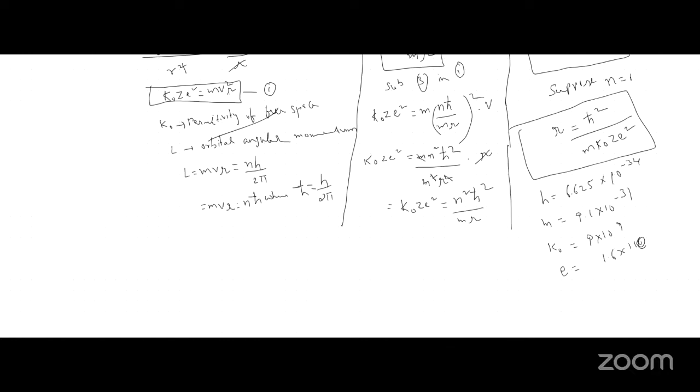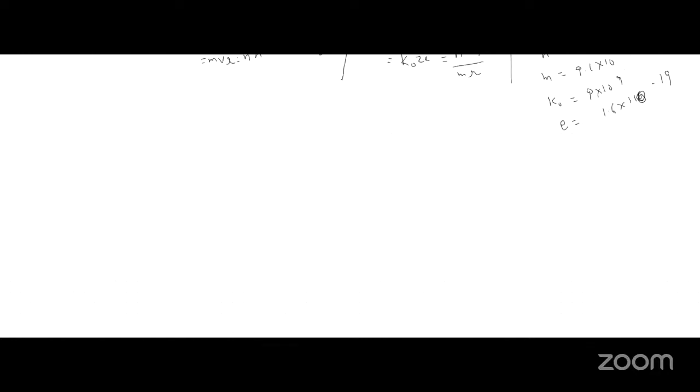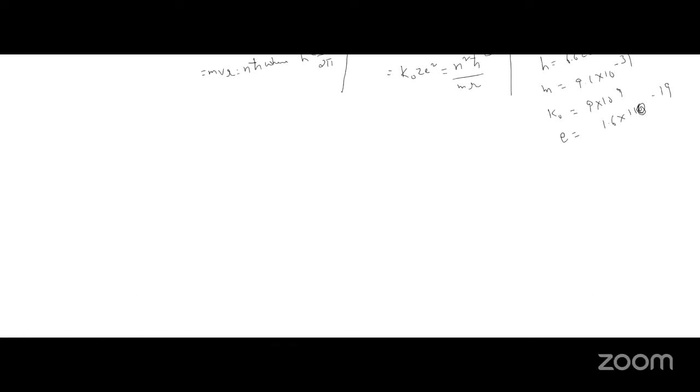If I substitute all these things, I will get the R value. After substituting all these, R1 value is 5.28 into 10 power of minus 11. This I am getting if n equal to 1.